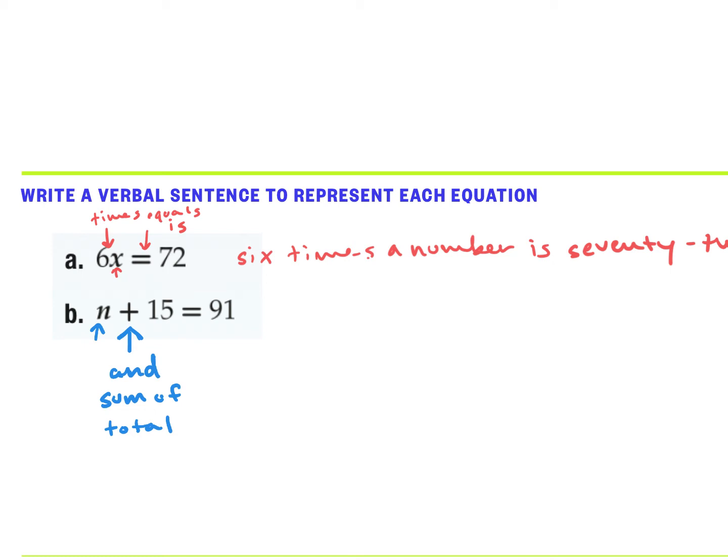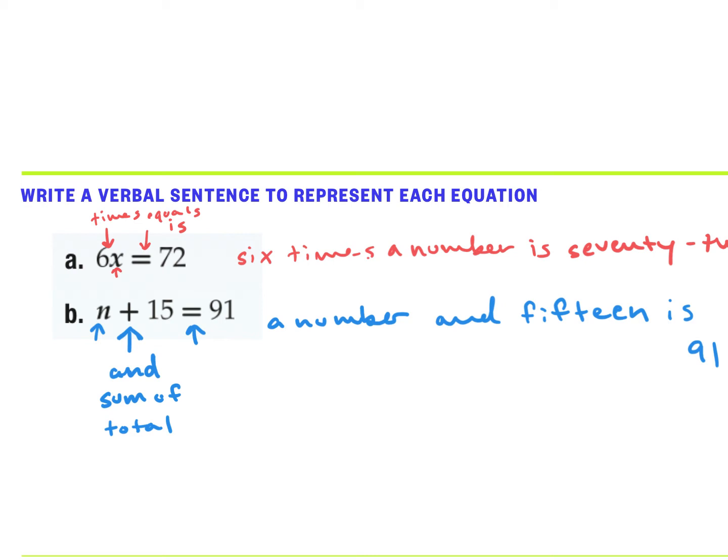How do I say that in words? N. A number. So I could say a number and 15. Do we have to write out, or can we just put the number 15? We could just put the number. A number and 15. Can I say equals? Is 91. So a number and 15 is 91.